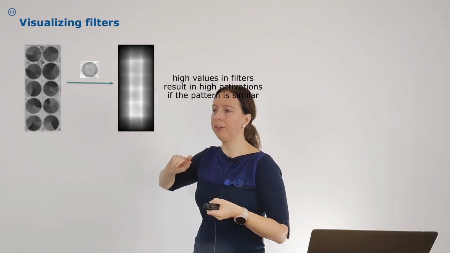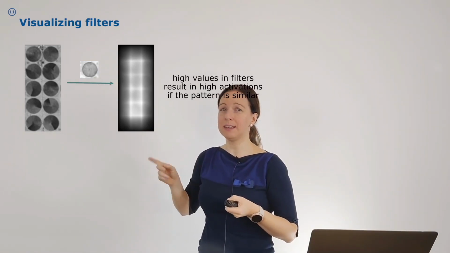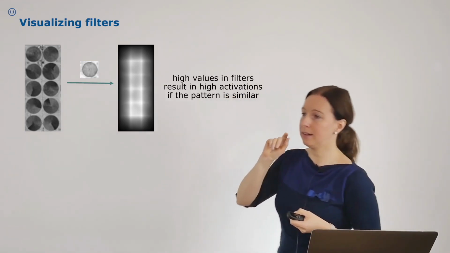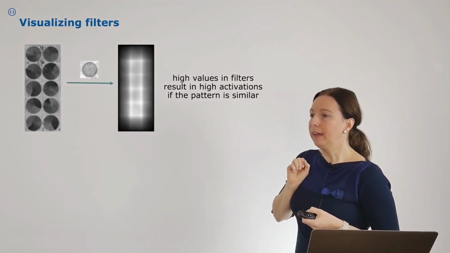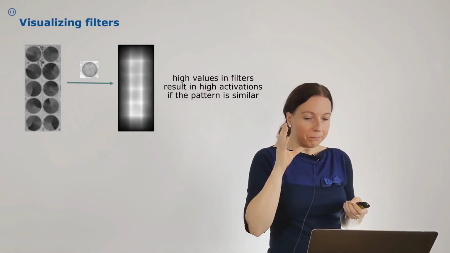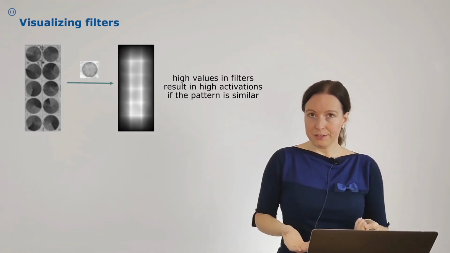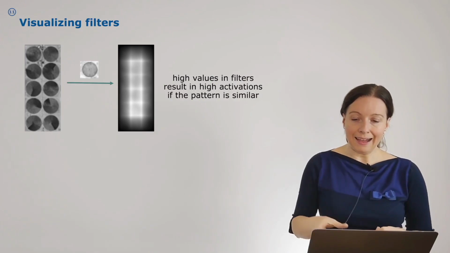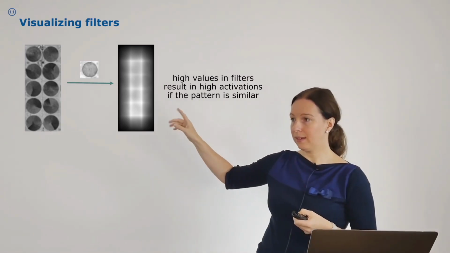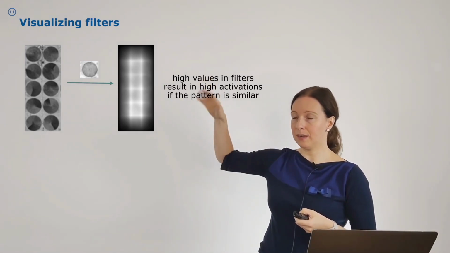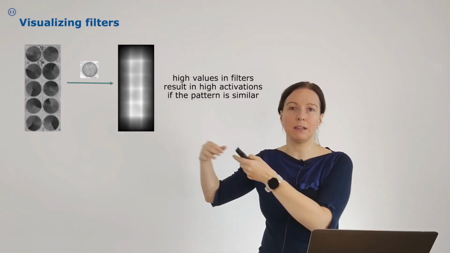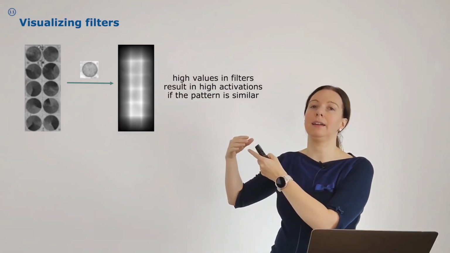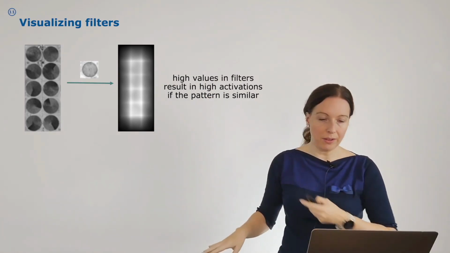Here you have a filter, and you can already see the filter has a similar pattern as you can find in the image. So when we apply learned filters in a neural network, we get high values exactly here. White means high values and black means low values.